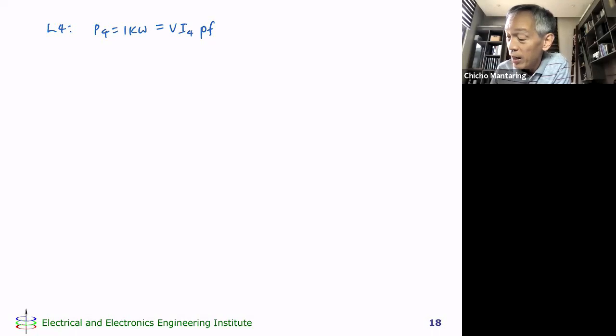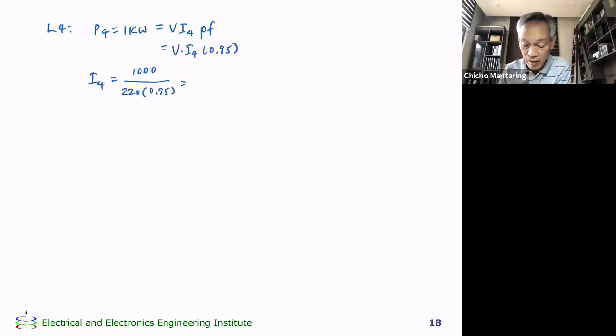So this is equal to V times I4 times 0.95. Anyway, what I'm going to get is I4 is equal to 1,000 over 220 divided by 0.95. This gives me 4.78 amperes.